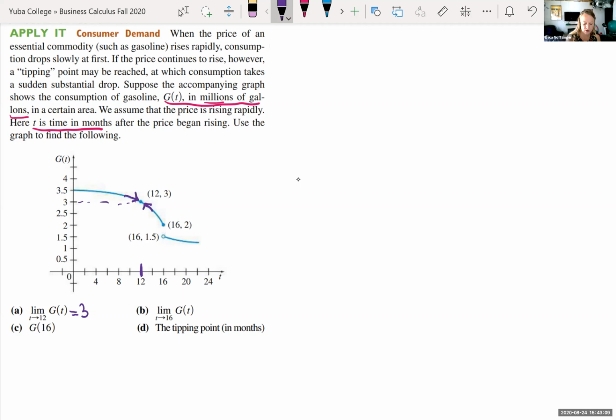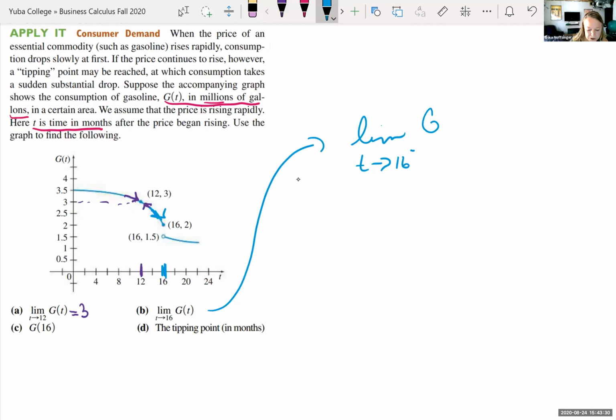So what's happening as the limit as T approaches 16 of G of T? Well, if we look at that, there's a jump in my graph at 16. I notice that on the left-hand side, the limit as T approaches 16 from the left of capital G of T would be equal to my value of 2.